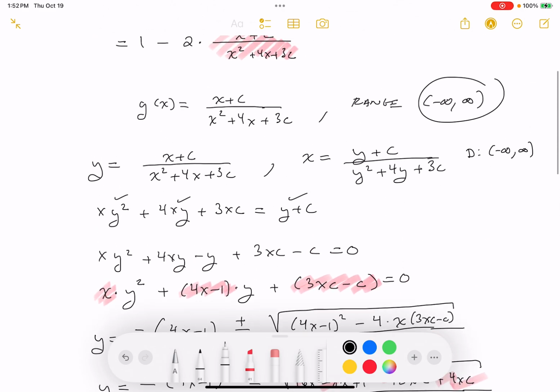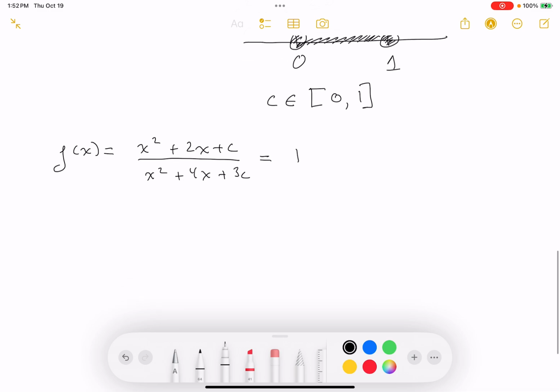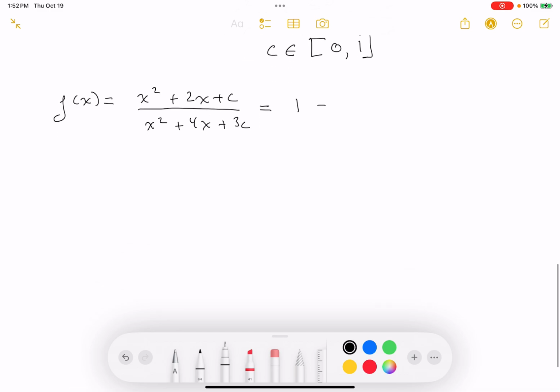It's up there, by the way. Yeah, I kind of remember doing that.